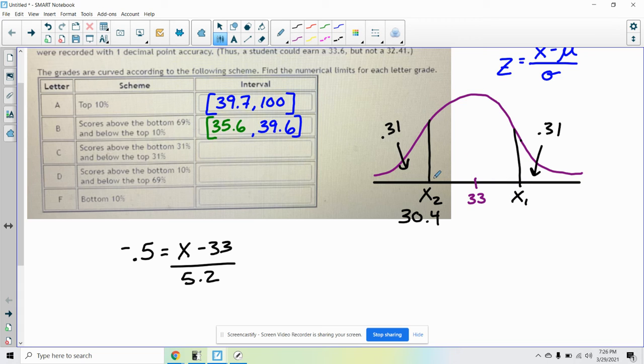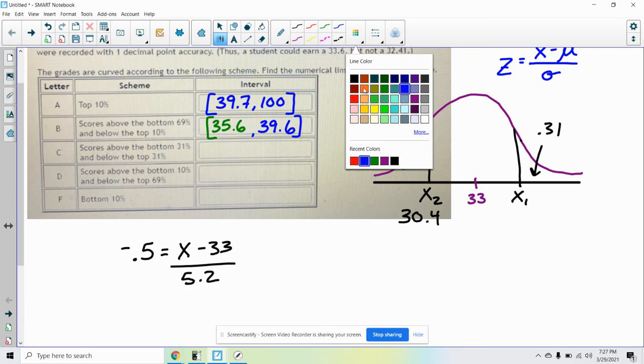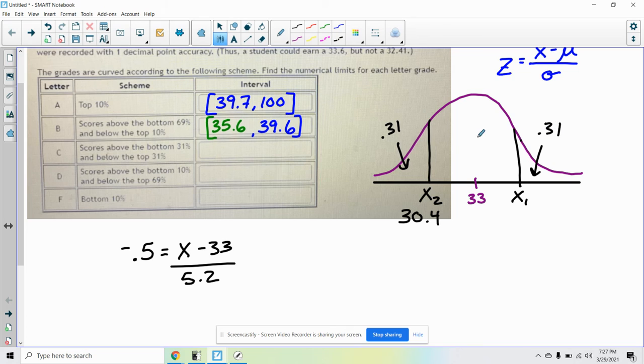But since it's symmetrical, you could just make this positive 0.5, but let's see if we can do this. So I'm looking for the value that cuts off the top 31% from the bottom. We already said 69%, so we already have that value. This is positive 0.5, so this is going to be 35.6 down to 30.4.